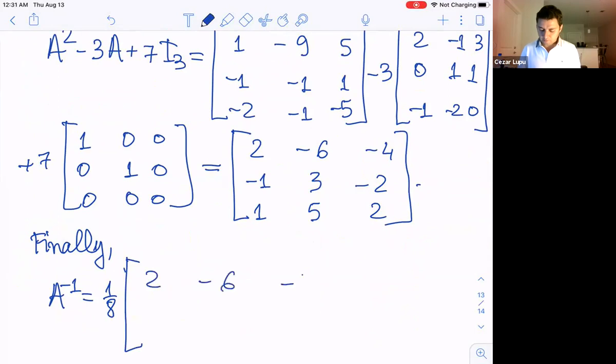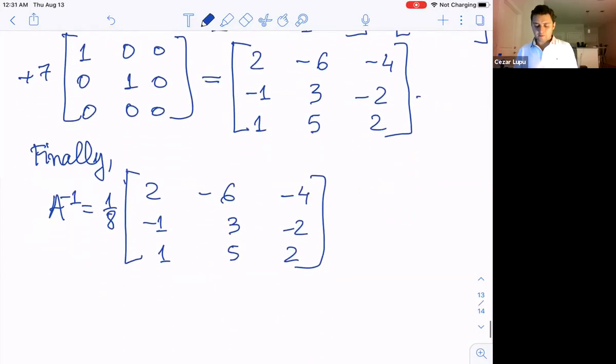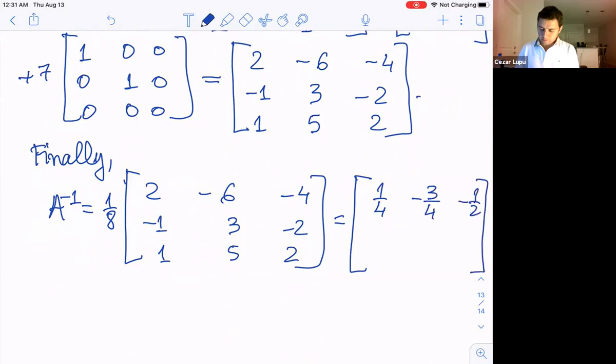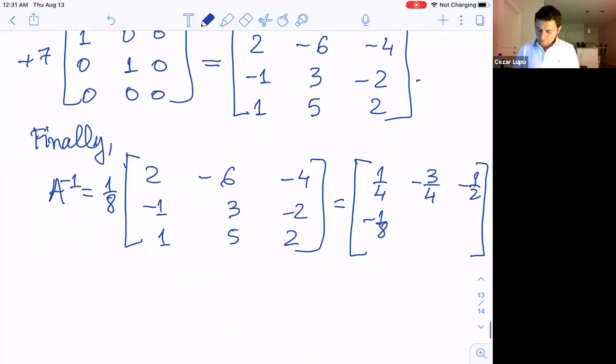2, negative 6, negative 4. And finally, this will give us what you have: 1/4, negative 3/4, negative 1/2, negative 1/8, 3/8, negative 1/4, and the last row is 1/8, 5/8, and 1/4.